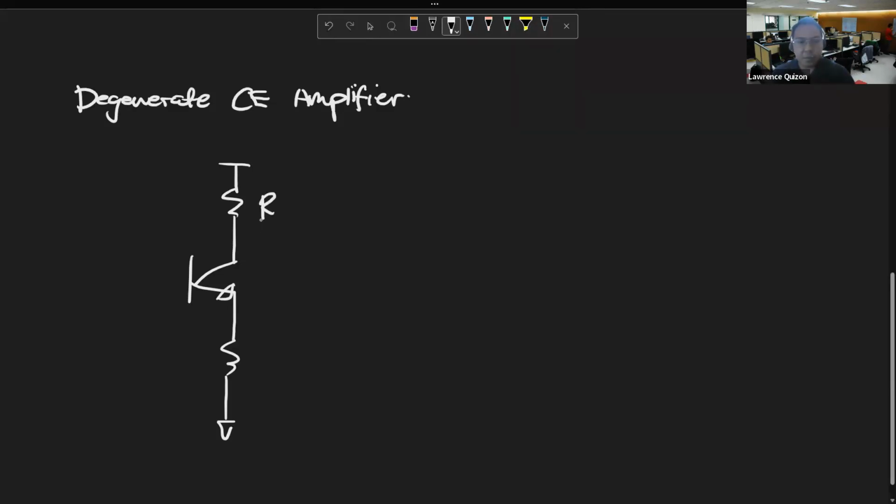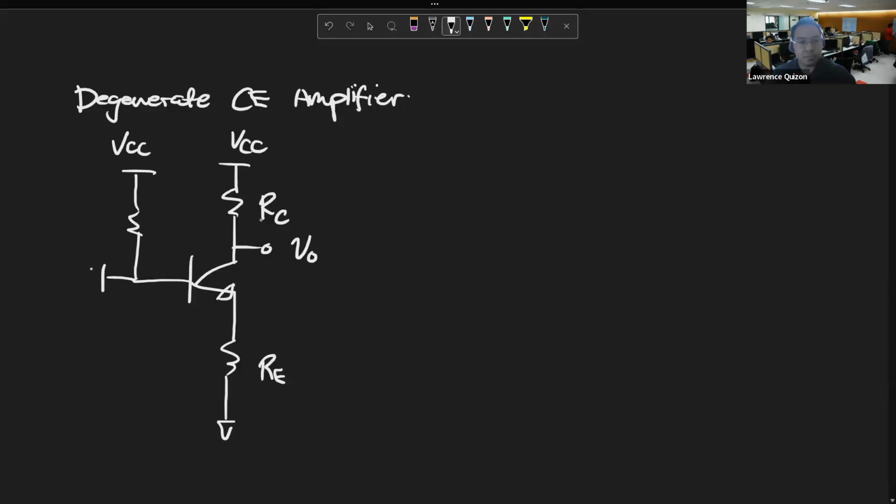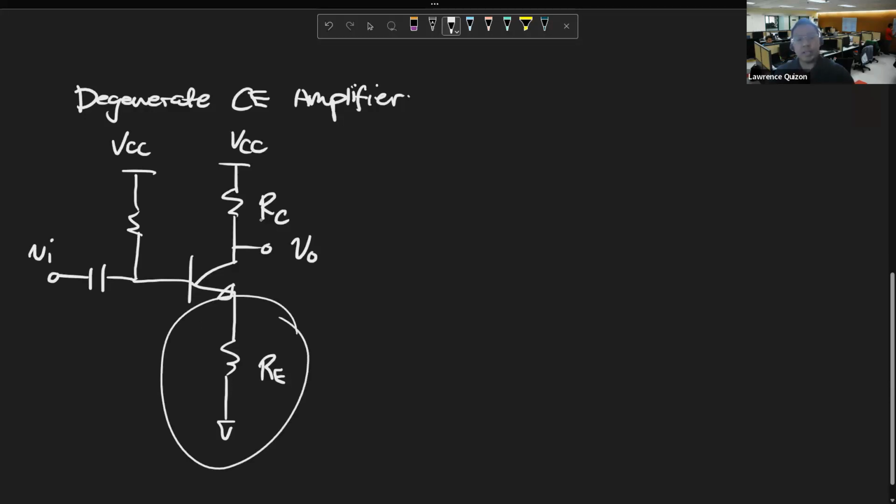We have RC, VCC, and RE. We have a resistor at our emitter. So we added a resistor at the emitter.